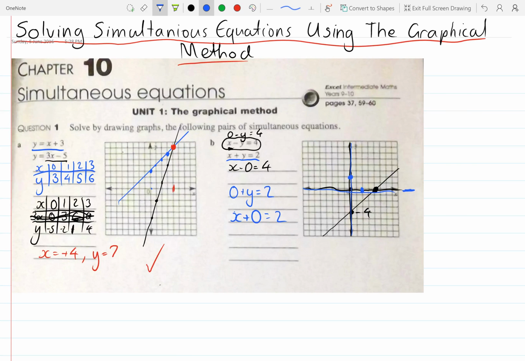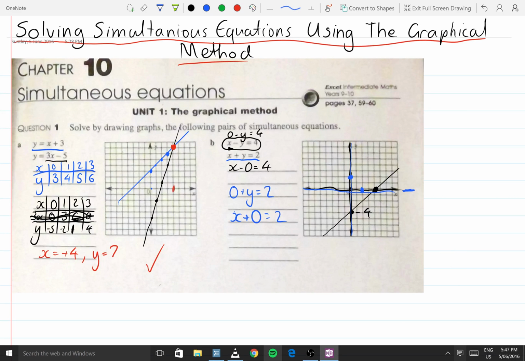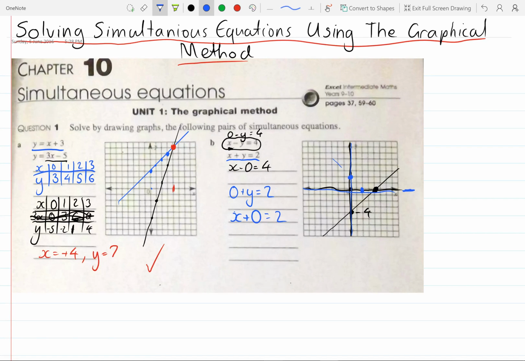Get my ruler. Okay, and draw my line. And I see that they cross at y equals -1.